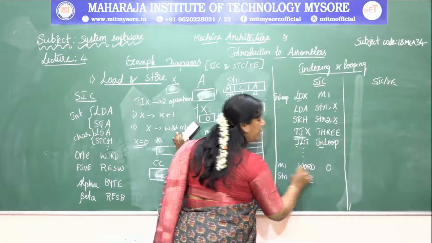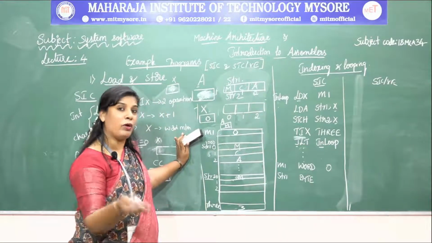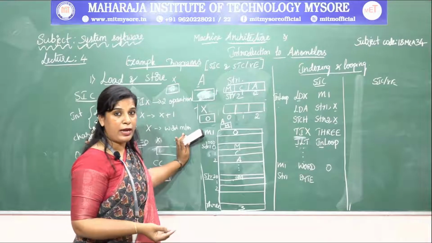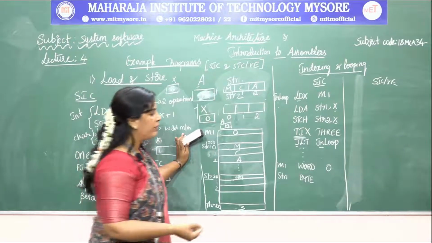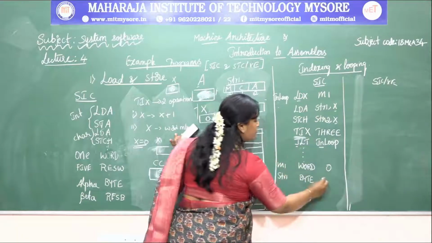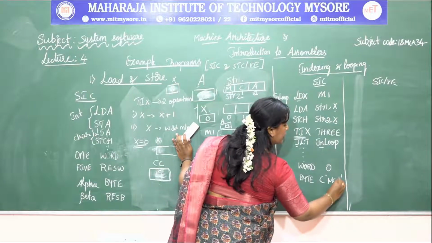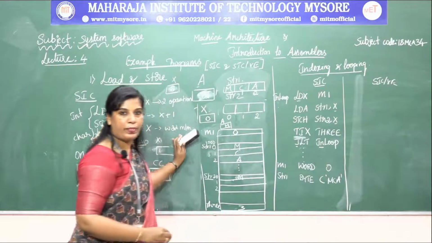There is a difference between byte and reserve byte, word and reserve word. BYTE means it is already defined, assigned some value. What value is present in string 1? The sequence of characters MCA.